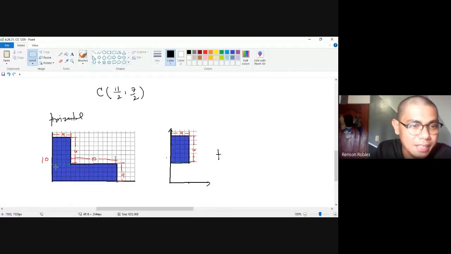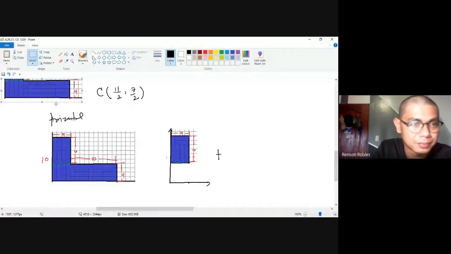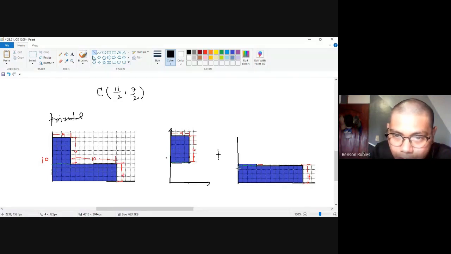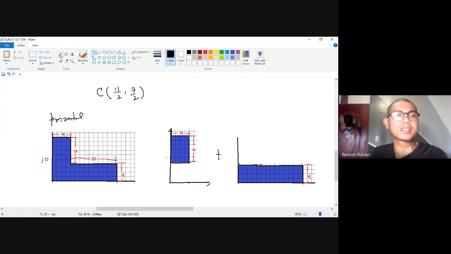Ito yung kalahati niya. Tama ba ako? Susulatan ko na lang siya ng length. So, this much. And then, burahin natin yung excess. Then, guhitan natin ulit. That's it. And then, we locate the centroid. Dito muna tayo kasi ito, madali.